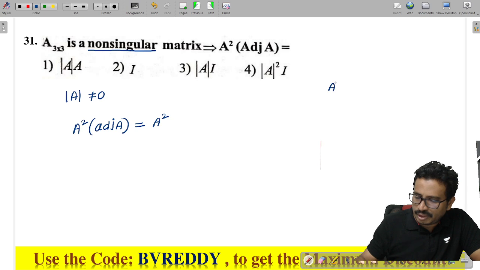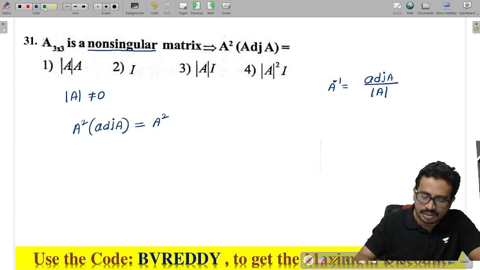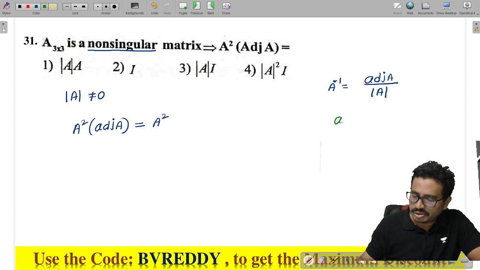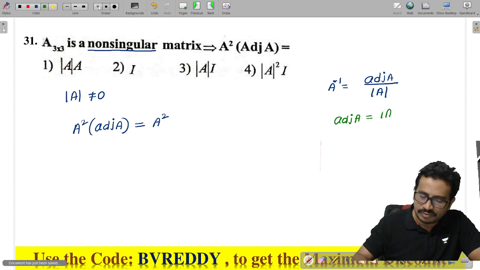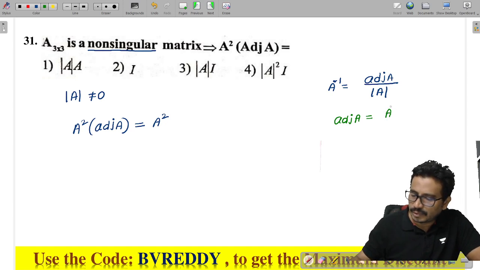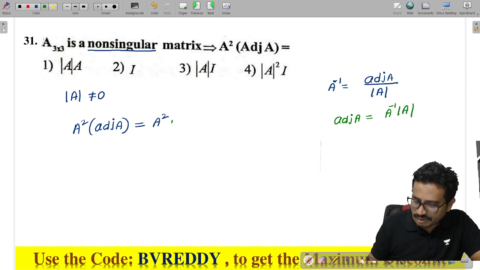As we know, A inverse is given as adjoint A by det A. So from this we can get the adjoint of the matrix, adjoint A, which is A inverse into determinant of the matrix. So I can replace it here.